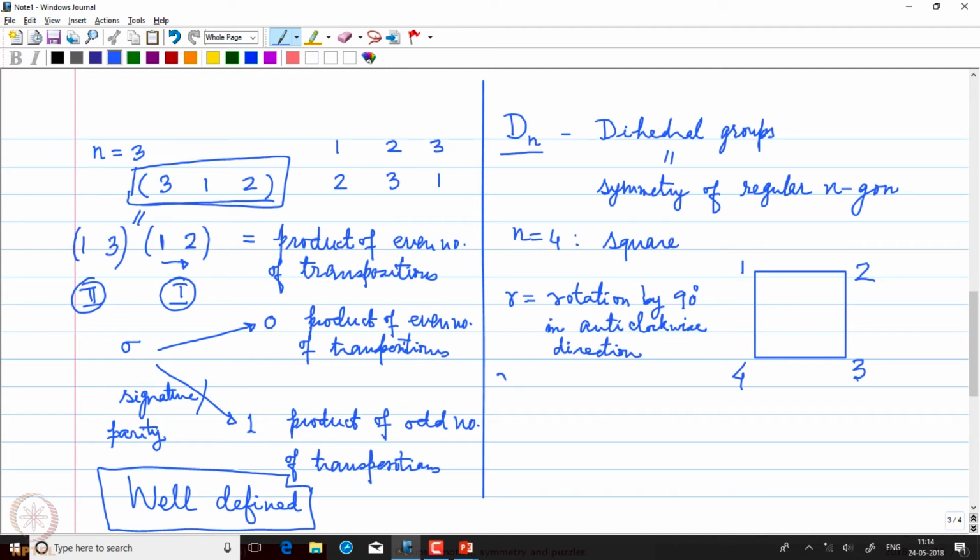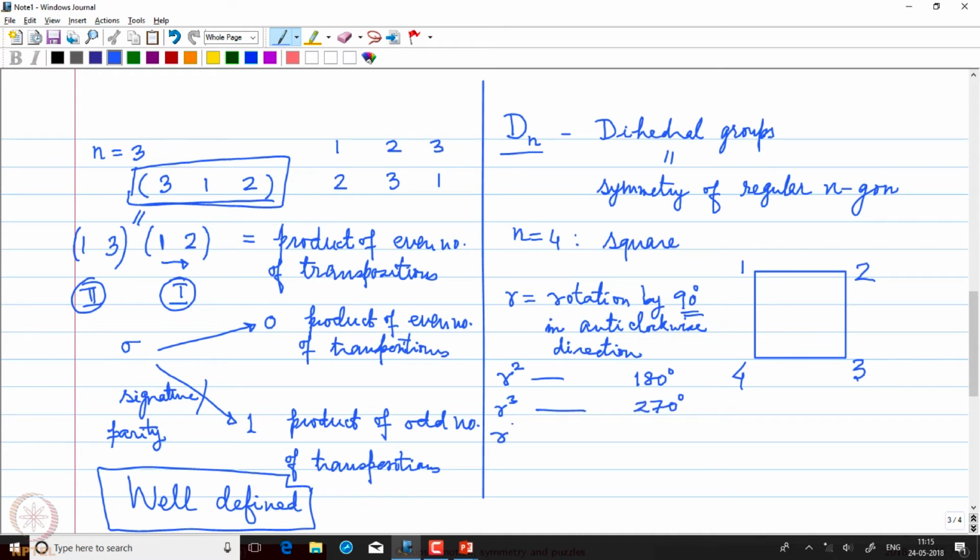And then with that I keep the notation R square to perform this thing, rotation 90 degree in anti-clockwise direction twice. So that is rotation by 180 degree. R cube would therefore be rotation by 270 degree.